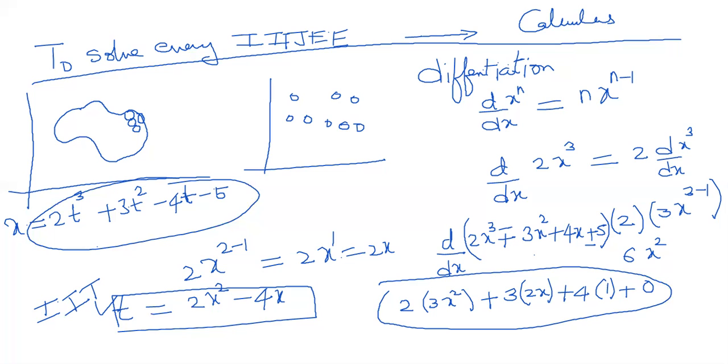So coming back to our class, I told you, generally IIT JEE mains will have X on the LHS. Always X will be on the LHS, is equal to whatever will be there, a function of time in the RHS. That you remember.